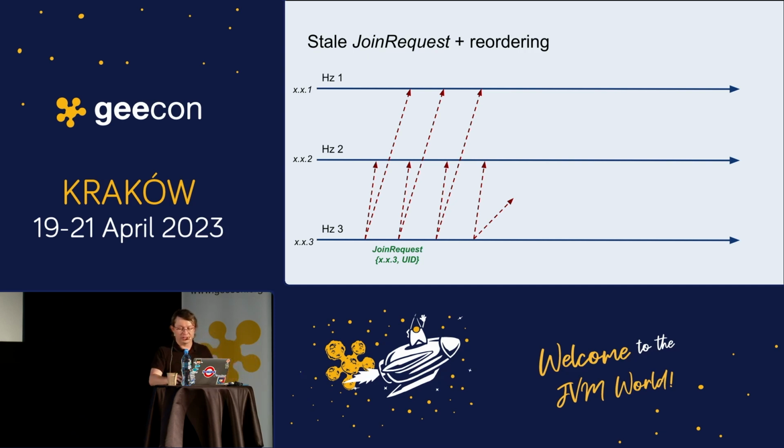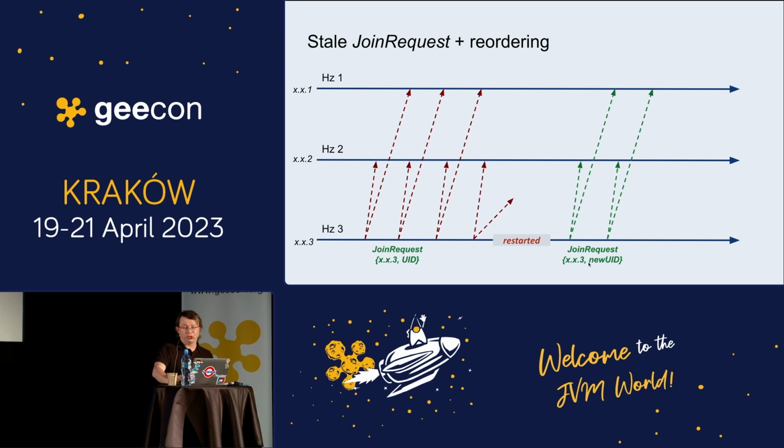And if during this initial joining to the cluster this Hazelcast member is restarted, it will be restarted with the same IP address, but with a new unique node identifier. And it's okay, with this new identifier it will start sending the join request message with new attributes.